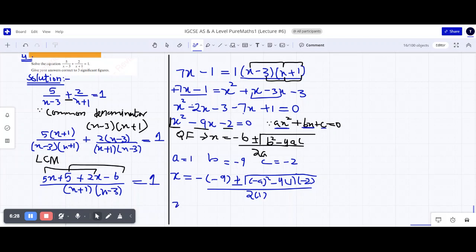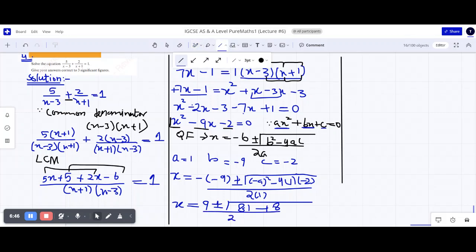After that, we write x equals minus minus, which is plus 9, plus or minus the square root of 9 squared, which is 81, minus minus plus 4 times 2, which is 8, divided by 2. After that we simplify: x equals 9 plus or minus the square root of 81 plus 8, which is 89, divided by 2.